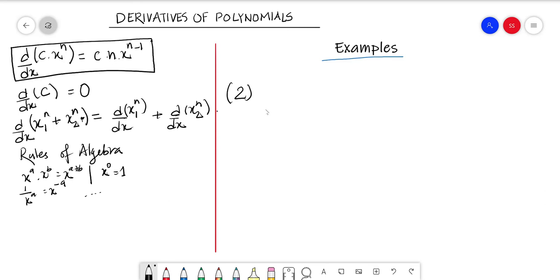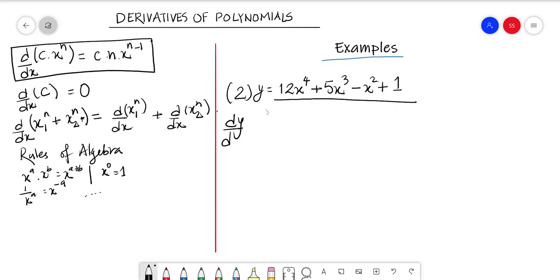Example number 2. If y was equal to 12x to the power 4 plus 5x to the power 3 minus x squared plus 1, then we already know the formula or basic steps for this polynomial term. So if we have dy by dx, you can always refer to this formula.